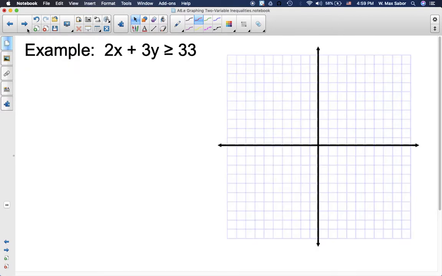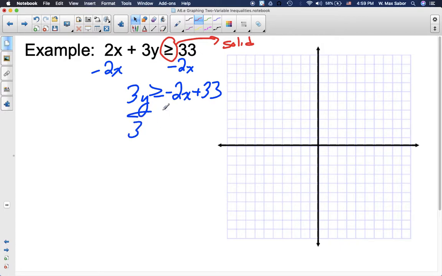So 2x plus 3y is greater than or equal to 33. The first thing is to say that that is a solid line. Now, we will graph this line, which involves getting y by itself.